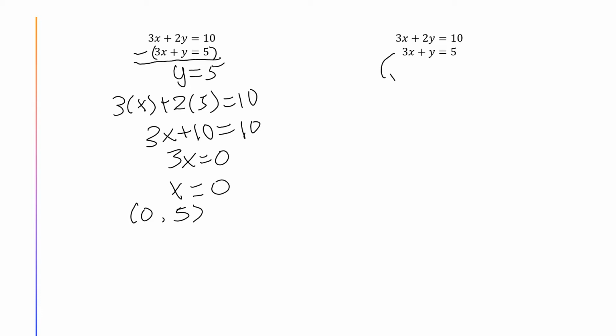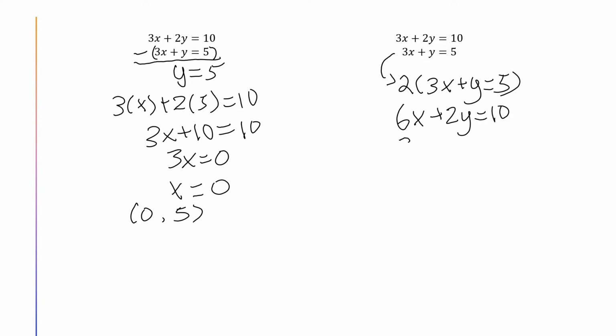Since the first one already has a 2y, the second equation needs to be multiplied by a factor of 2 in order to get 2y. So when we multiply by 2, we get the equation 6x plus 2y equals 10. Now we write the first equation underneath to get 3x plus 2y equals 10. And now we can subtract to eliminate y.